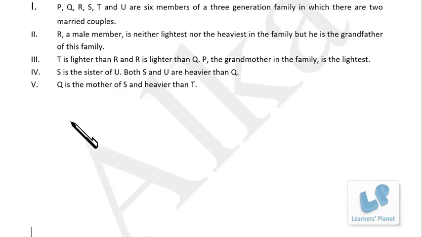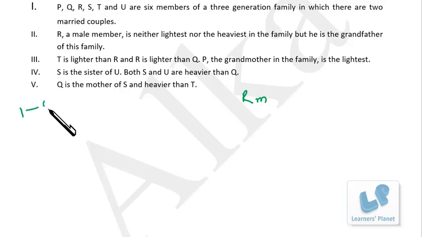P, Q, R, S, T, U are 6 members of a 3-generation family in which there are 2 married couples. So 4 and 2. Okay. R, a male member, is neither the lightest nor the heaviest in the family, but he is grandfather of the family. So R, male grandfather of the family. What we can do is give the ranking as lightest 1 and heaviest 6.